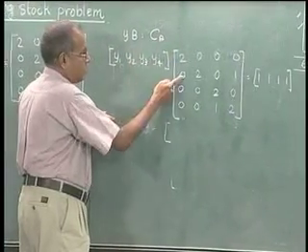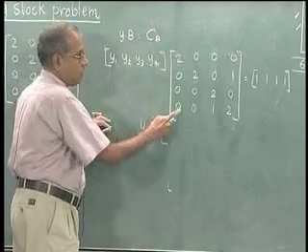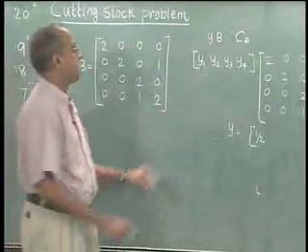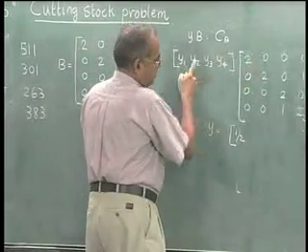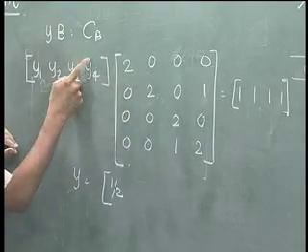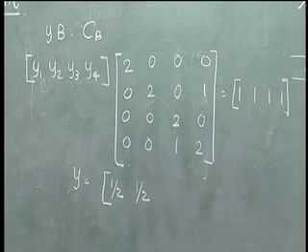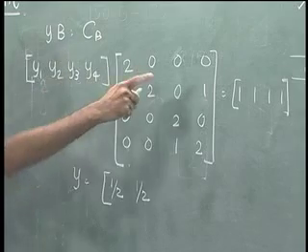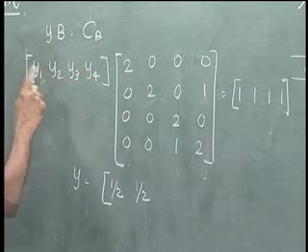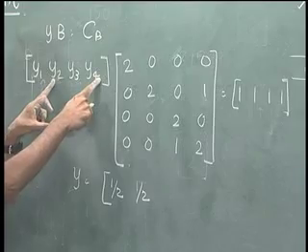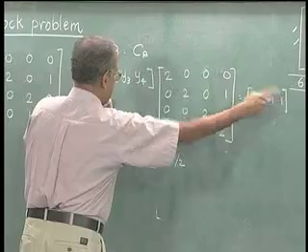2y1 plus 0y2 plus 0y3 plus 0y4 is 1. So, y1 will be half. 0y1 plus 2y2 plus 0y3 plus 0y4 is equal to 1, y2 will be half. From the fourth one, 0y1 plus 1y2 plus 0y3 plus 2y4 is equal to 1.